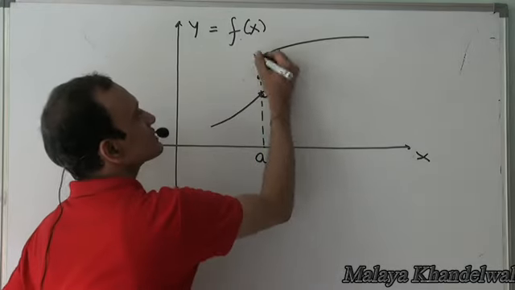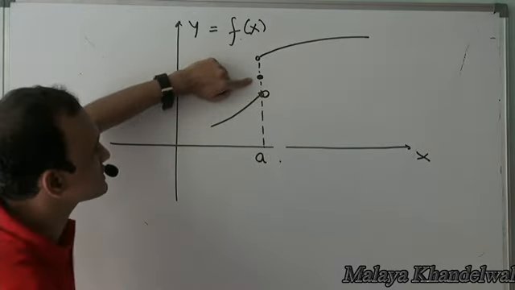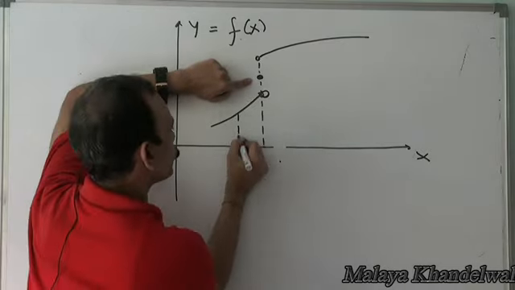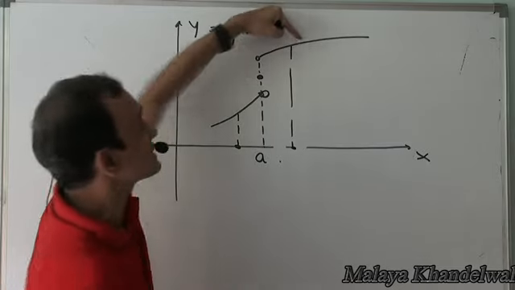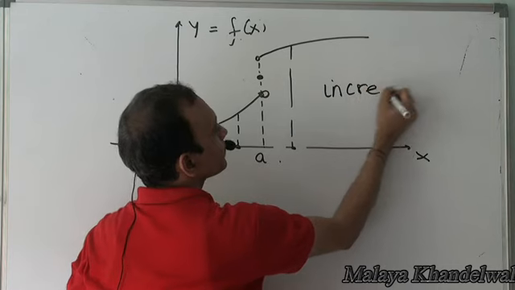These are kinks. Can you tell me whether this function is increasing at x equal to a? Yes, because I can find an open interval surrounding x equal to a, a minus h to a plus h, in which the function is strictly increasing. So this function is increasing at x equal to a.